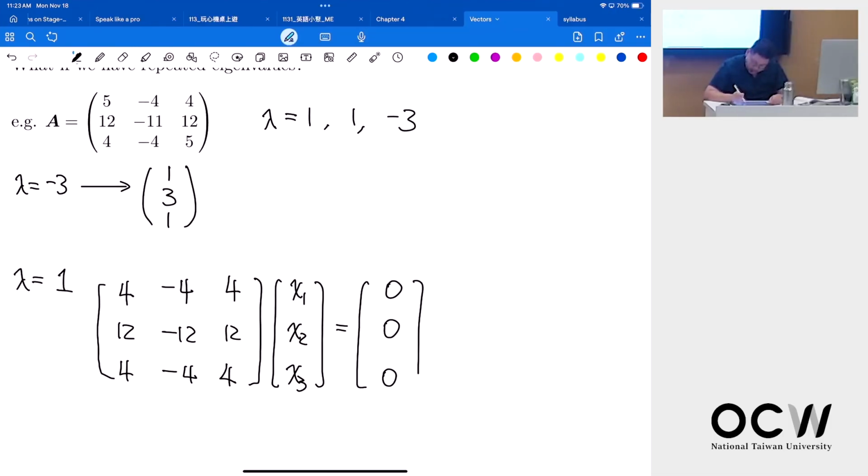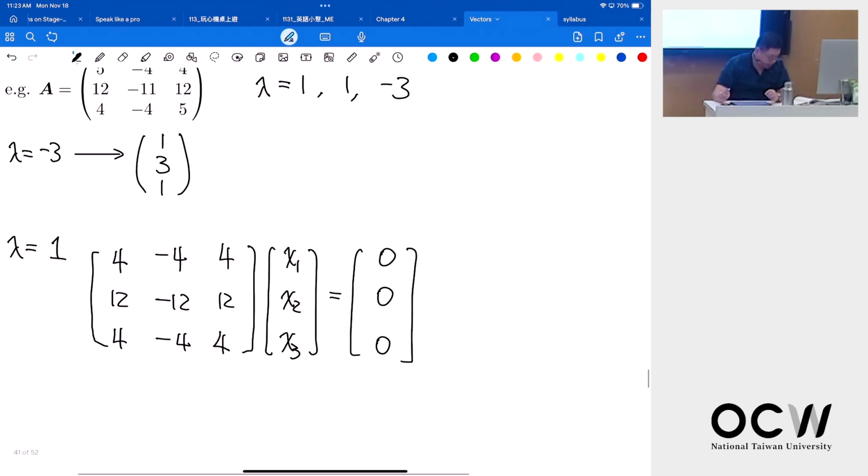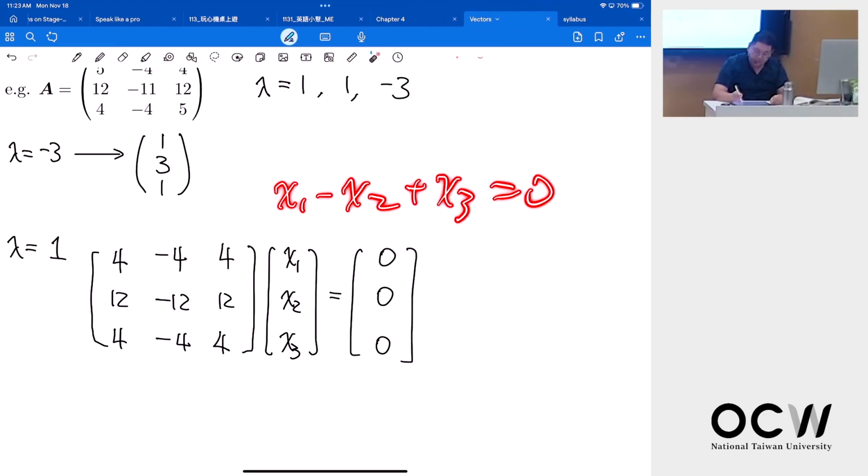There should be 0. Then what is x1, x2, and x3? It looks like it is x1 minus x2 plus x3 equals 0, right? How do you determine x1, x2, and x3?